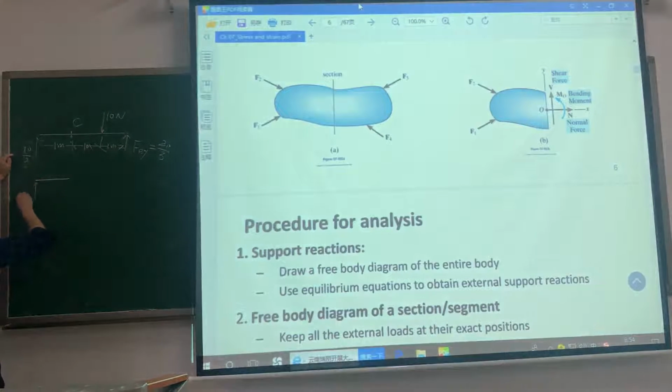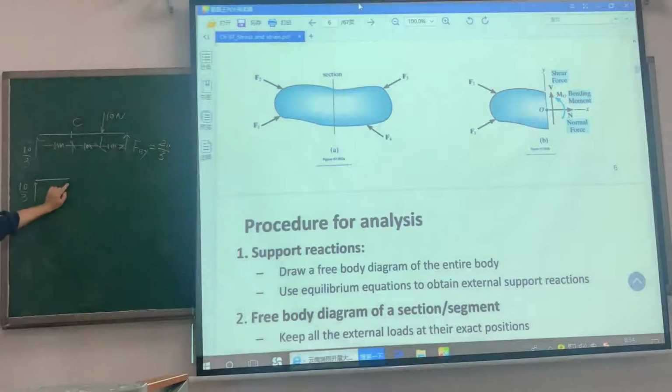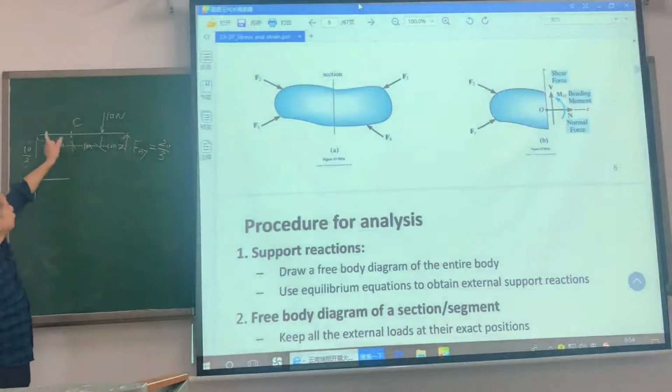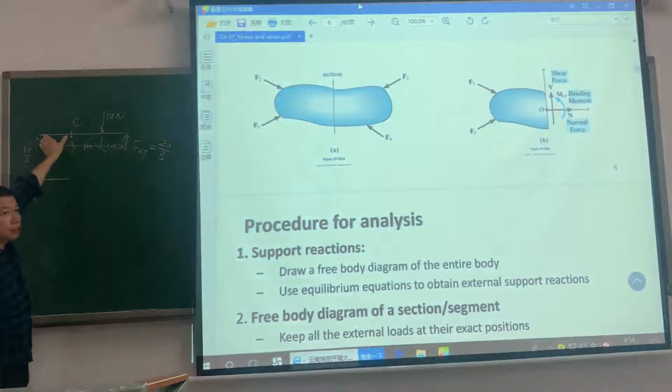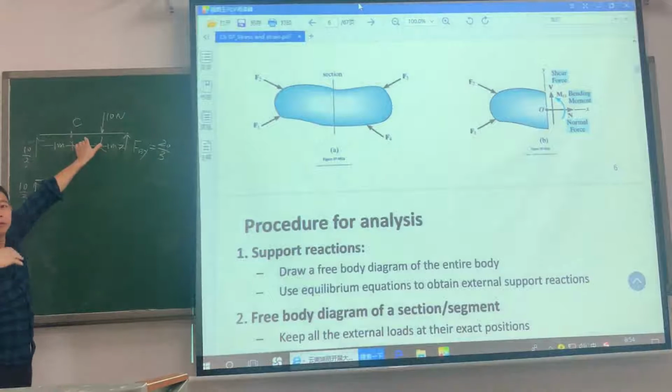Here is the cut at the left end. Because when we analyze this part, the rod can be replaced by a fixed end.